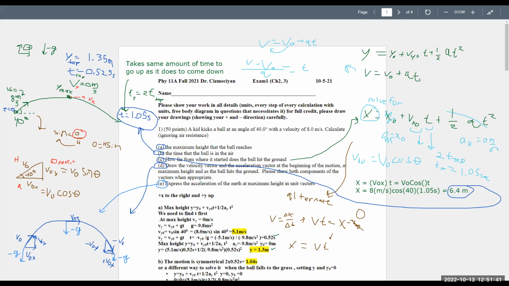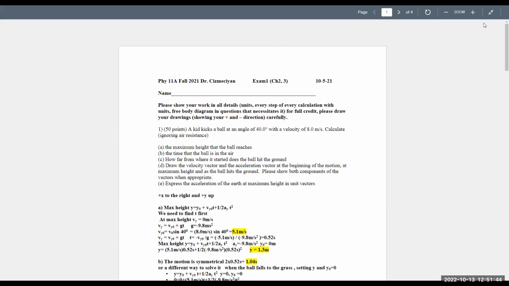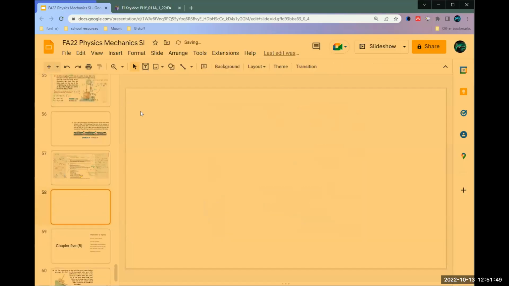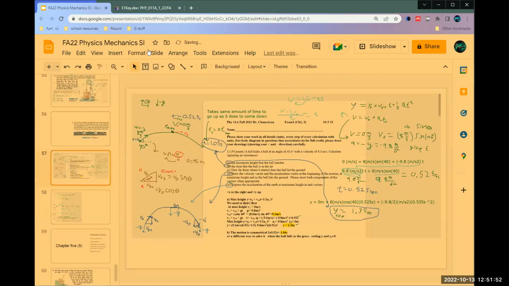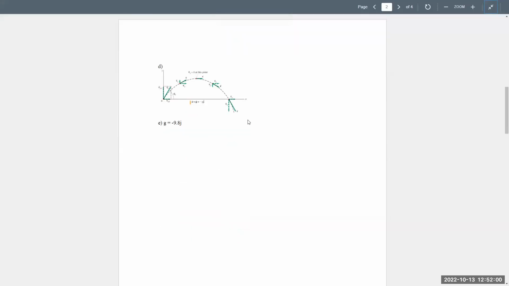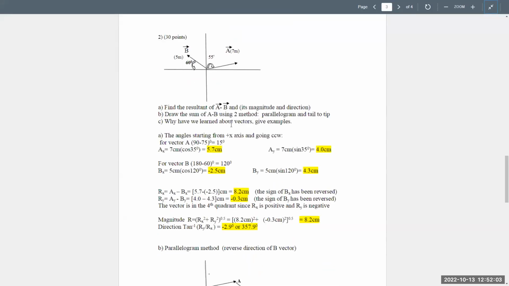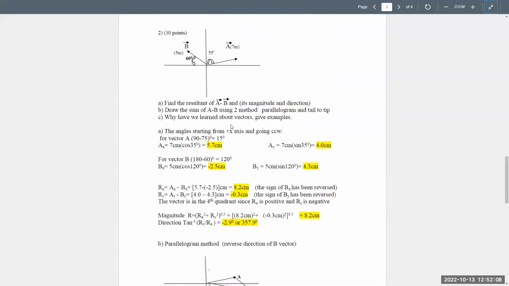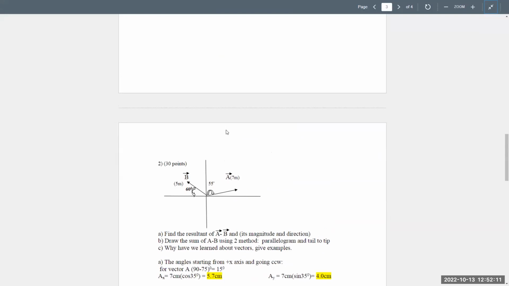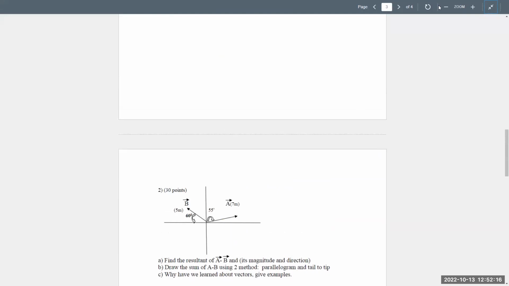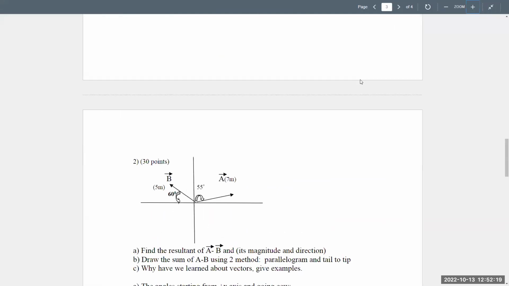And then go ahead and clear these. Oh yeah, those are the diagrams that she had of the velocities. Okay. And from here you have to draw the resultants of these two vectors.